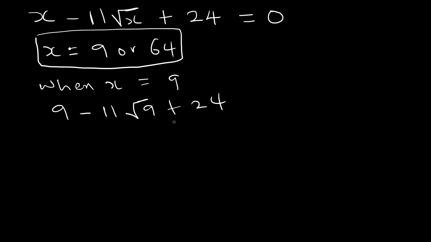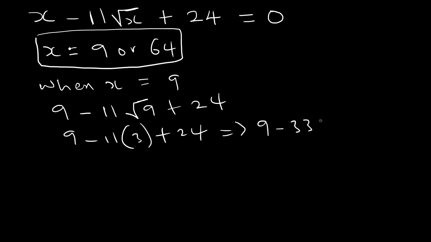And we are going to see if the result will be equal to 0. So this is 9 minus 11, root 9 is 3, plus 24. So we'll have 9 minus 11 times 3 is 33 plus 24. 9 minus 33 is minus 24. Then plus 24 is equal to 0. So this one is confirmed.